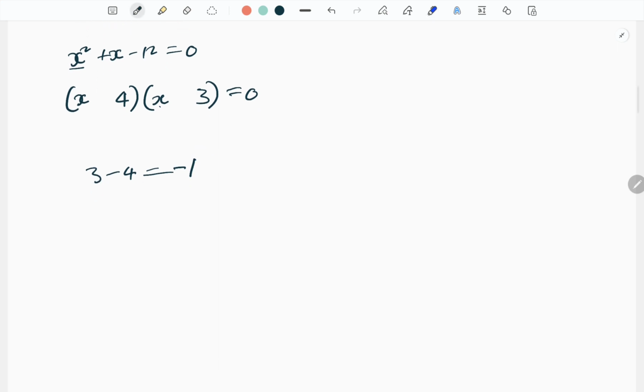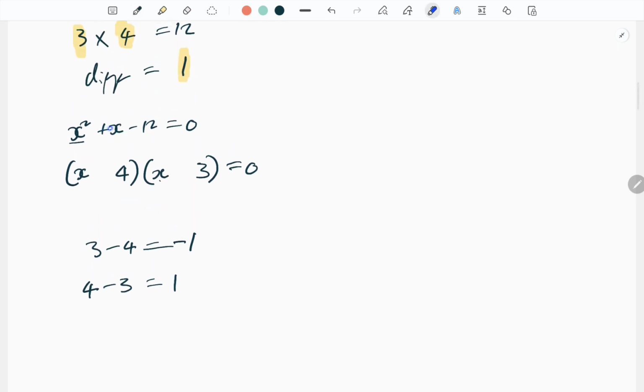Now let's see. What if we say 4 minus 3 gives 1? Now the question is, does this positive 1 match the constant there, which is the coefficient of x? Yes. The coefficient of x is positive 1, and the difference is positive 1.